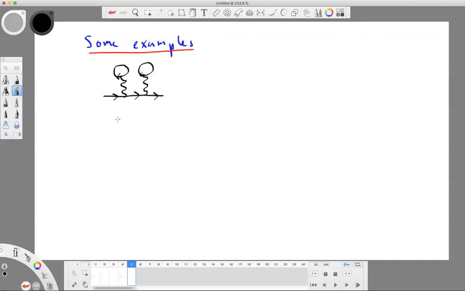We know that we have internal variables here, L and L prime, and we inject a momentum K. Let's suppose some momentum goes up here.